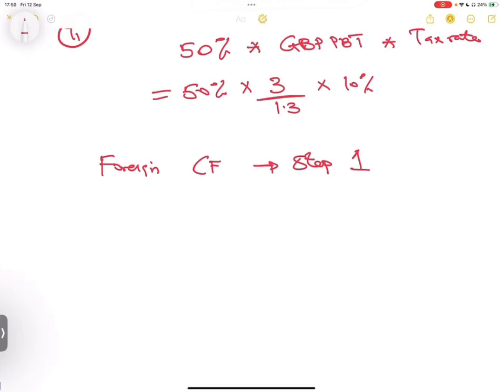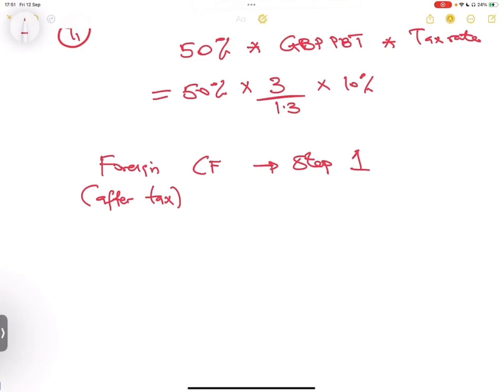Once you're able to plot your cash flows, similar to FM, cash flow is the major thing. Once you have your foreign cash flows, you're good. So this foreign cash flow in your step one, please make sure is after tax, because you will always pay your tax in the foreign country where you are.